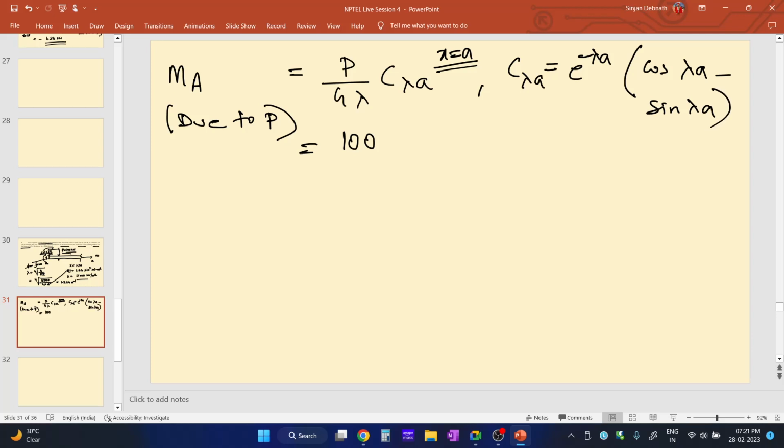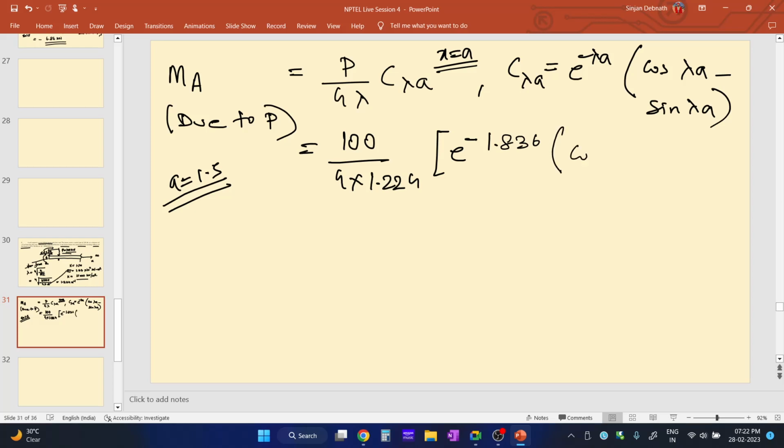So for x is equal to A is equal to 1.5, 100 by 4 into lambda, which is 1.224, into C lambda A, that means e to the power minus lambda A, which is the same as 1.836 in the last question, cos of 105.2 degrees, lambda x in degrees, minus sine of 105.2 degrees.